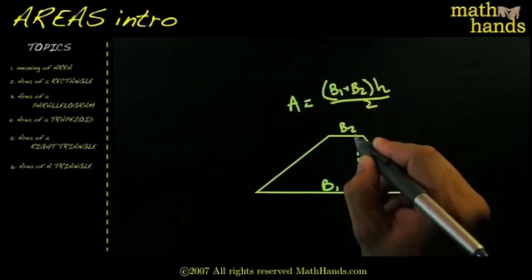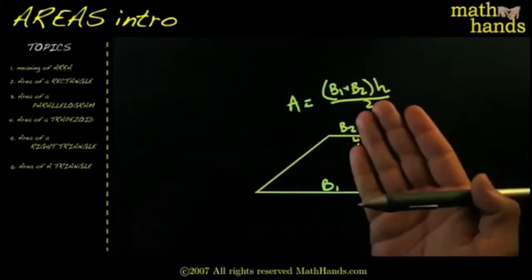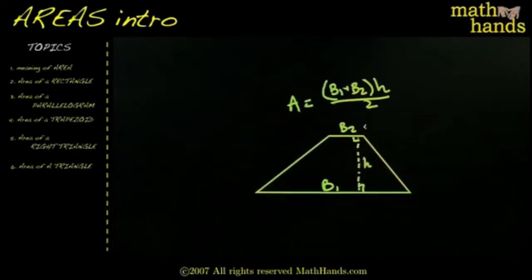This is h, the one that makes a perpendicular line with both those. And there's the super famous formula for a trapezoid.